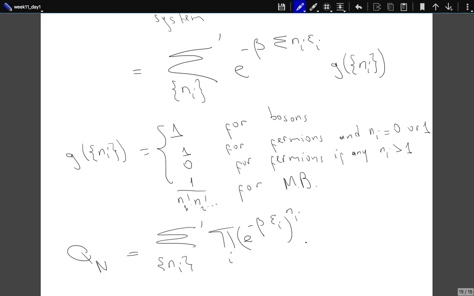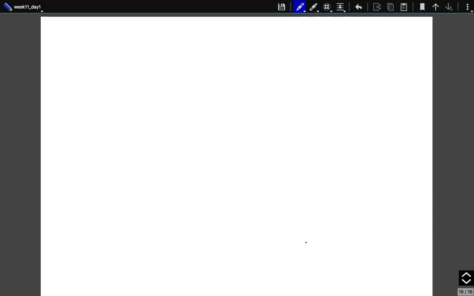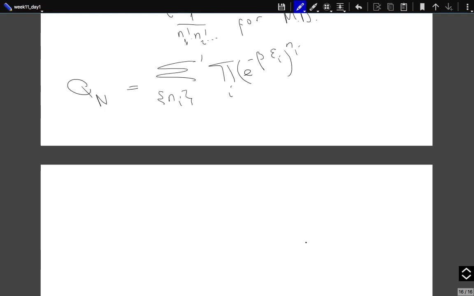For bosons each n_i can be any number, but for fermions n_i is 0 or 1. Now there is no simple way of calculating this sum. But what we do is we go to the grand partition function.